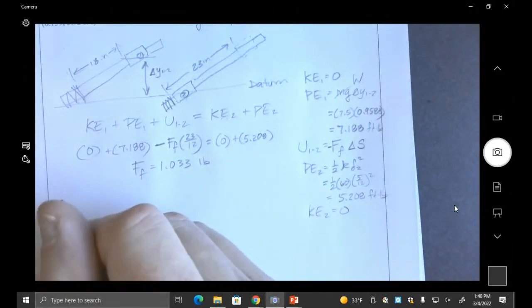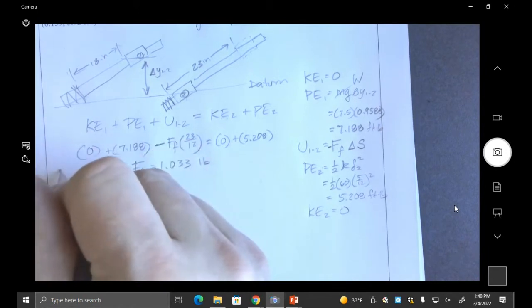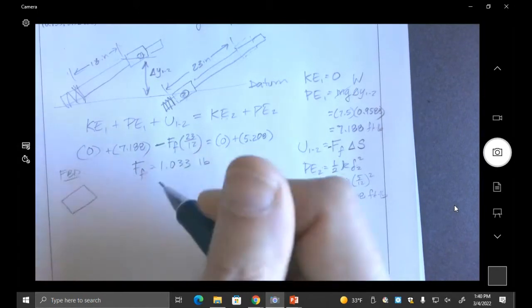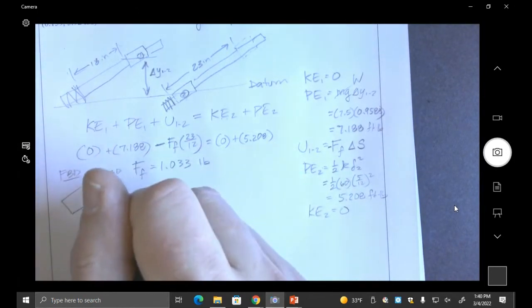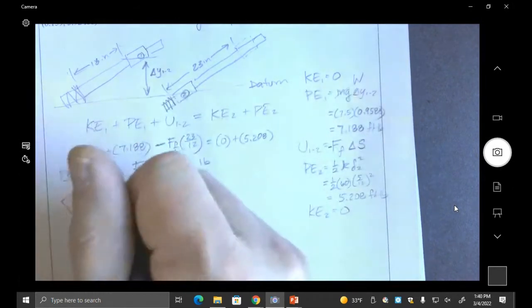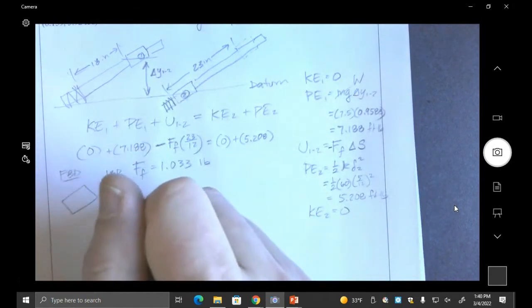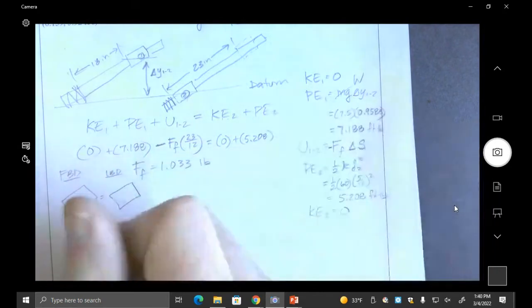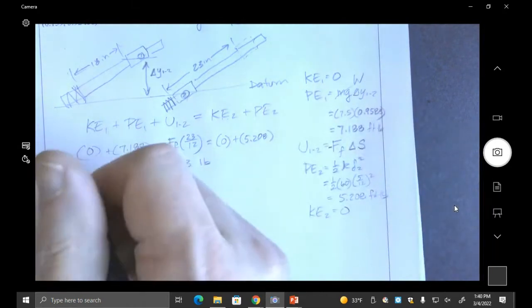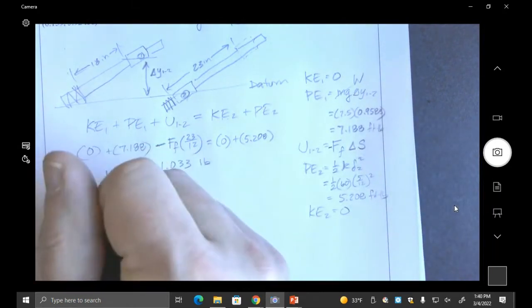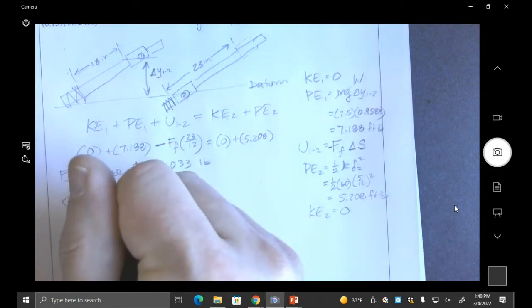And we could do a quick little FBD. Truth is, we should probably do an FBD, IBD. But not really necessary to do the IBD because we're only doing this to establish what the FN is.